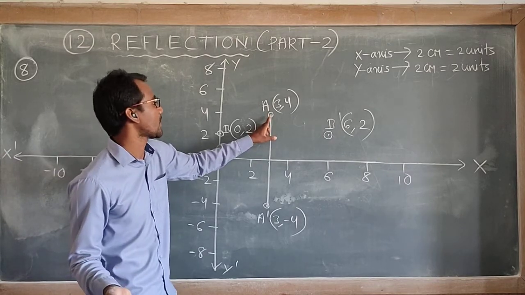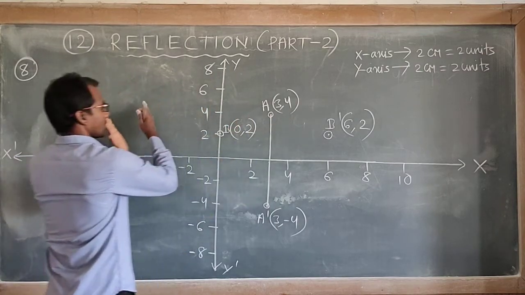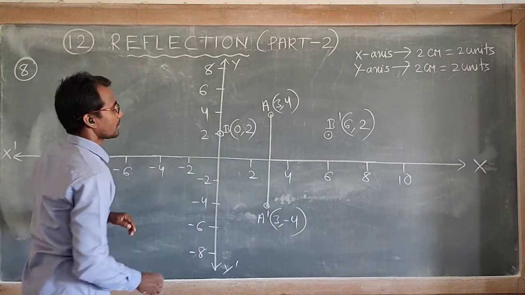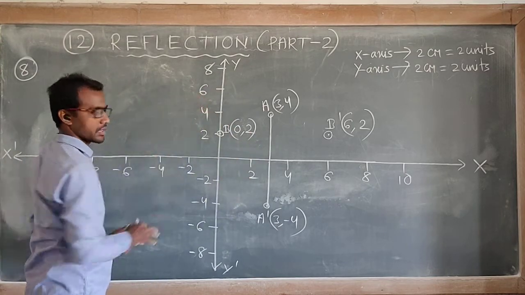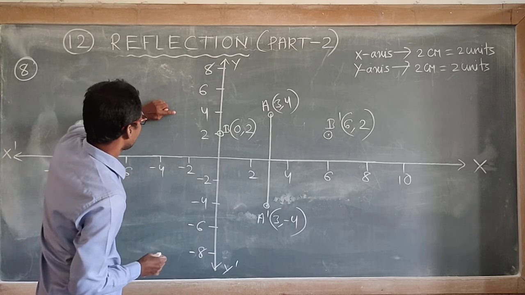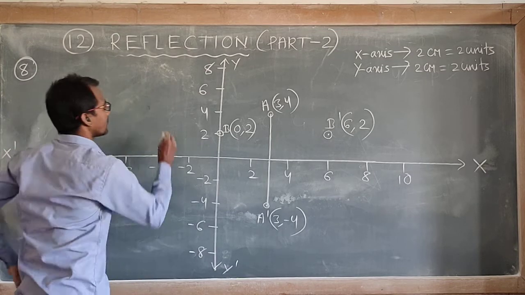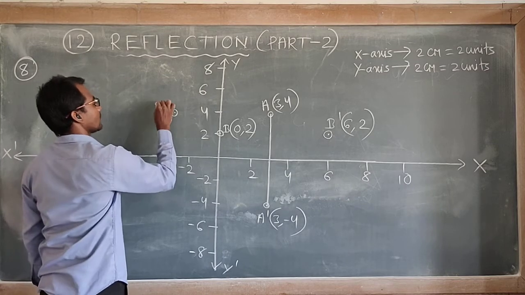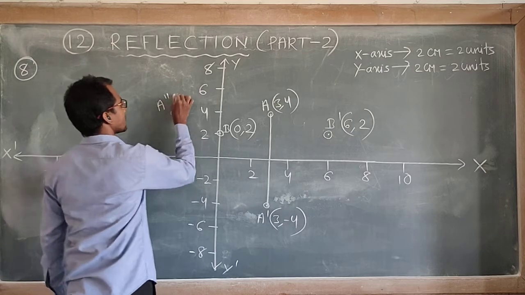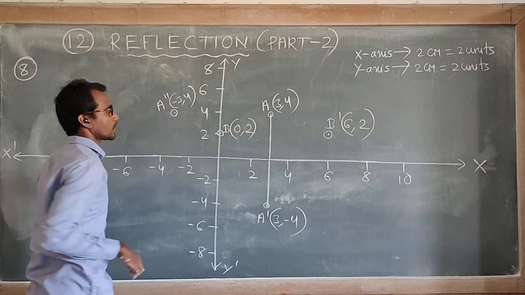So its image will definitely be here, in the second quadrant. Object is here, image will be here because this is the mirror line. This distance is 3, so this distance would also be 3. Means image distance would also be 3. So the image will be formed here. This is A double dash. Its coordinates are minus 3, 4.